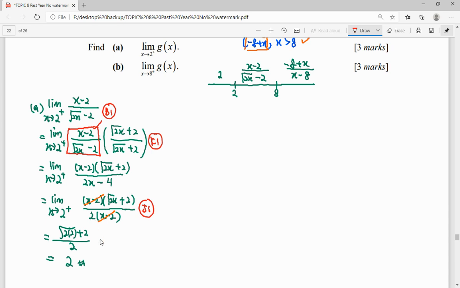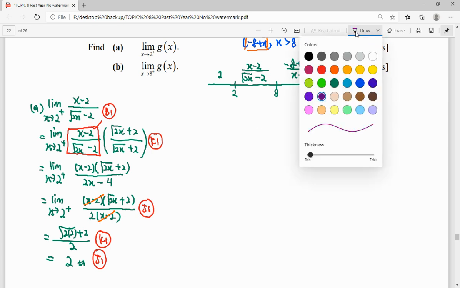Then we substitute x equals to 2 and get the answer. As you can see, once we substitute the limit of 2, we no longer write the limit notation. That will be our first part, question A.